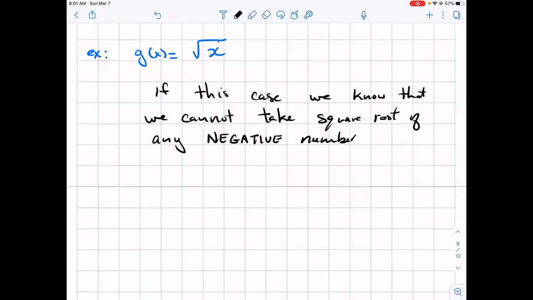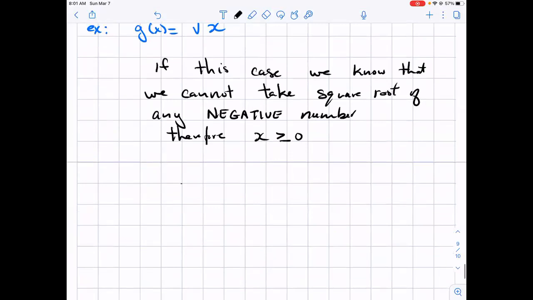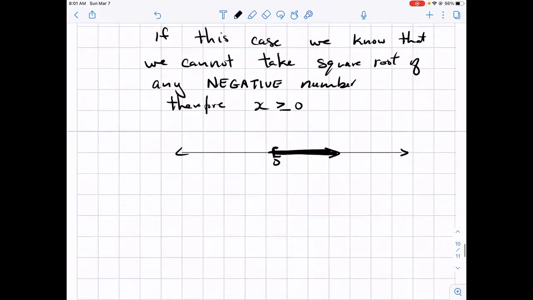So x, therefore, has to be greater than or equal to 0. If you look at the number line here, 0 going all the way out will work, including 0, because the square root of 0 is 0.